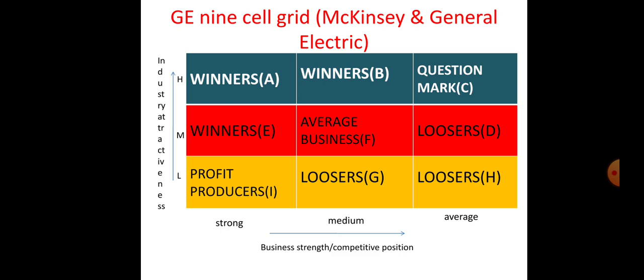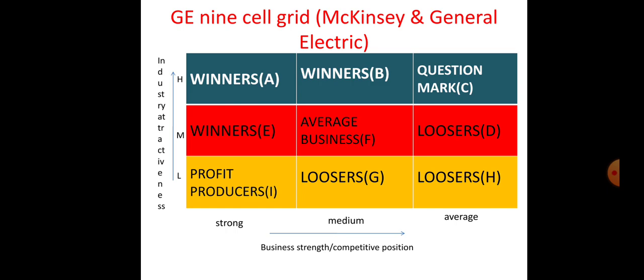Coming to the GE9 cell grid, here the company's business strength or competitive position will be analyzed against industry attractiveness. So when we plot the analyzed result, that is the portfolio check results, we get 9 different cells where we can plot the company's result.